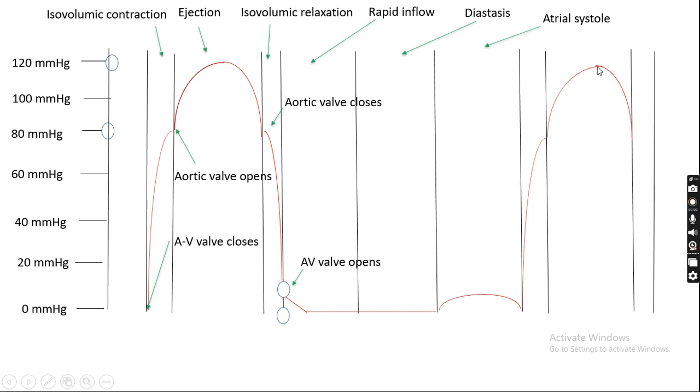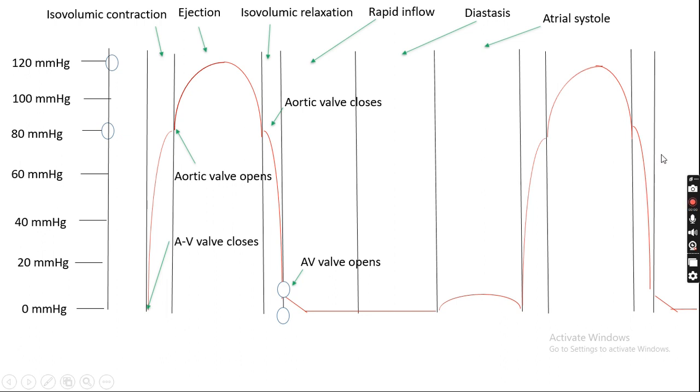the pressure in the left ventricle rises to about 120 millimeter of mercury, and in the slow ejection phase, the pressure of the left ventricle decreases to again about 80 millimeter of mercury, and here the aortic valve closes again and the ventricle becomes an isovolumetric compartment and the ventricle begins to relax, so the pressure begins to fall, and this is about 5 millimeter of mercury.